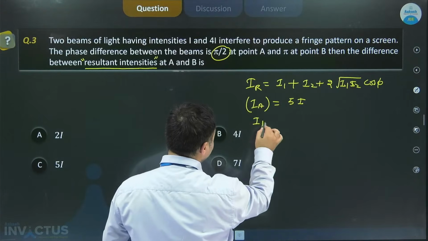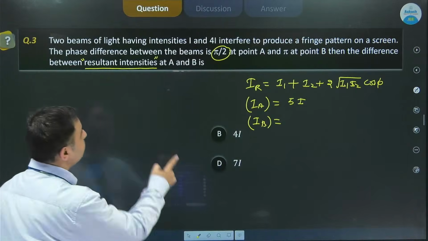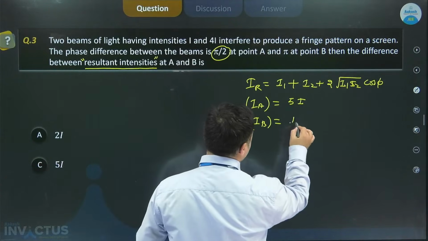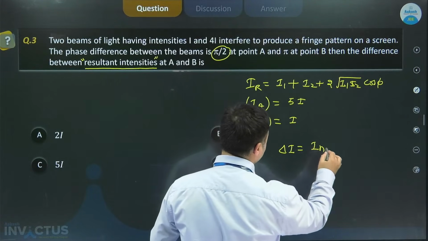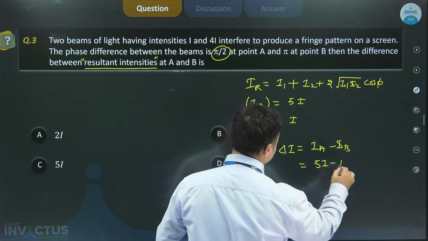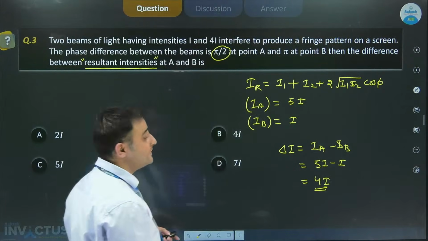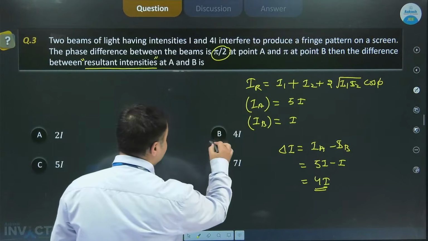Similarly, the resultant intensity at B, on putting phi as pi and the values of intensity, we get I. So the difference in intensity is IA minus IB, which is 5I minus I, and that comes out to be 4I. So this is the difference in intensity between points A and B. So option B should be correct.